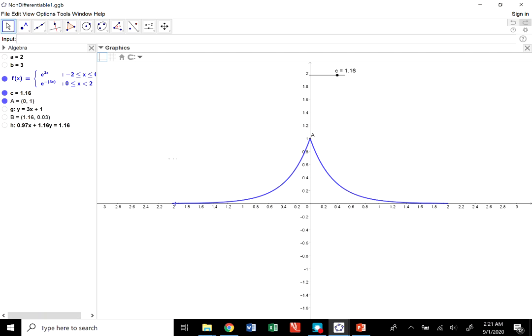Let me tell you. The problem is, if we try to draw a tangent, how should you draw a tangent? Please be careful.